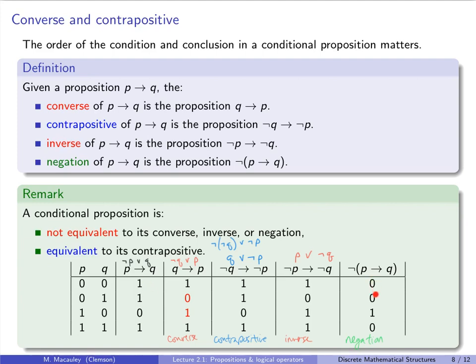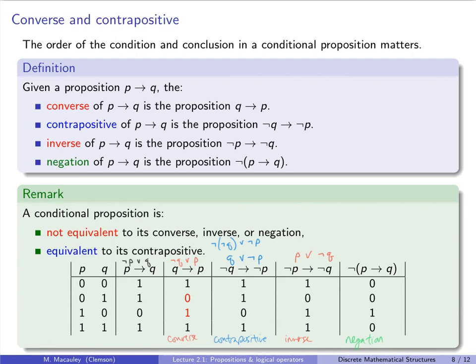So we get 0, 0, 1, 0. So this is different from all of the others. So now you can see my color coding scheme. Up here, converse and inverse, I both used red because I knew that they were going to end up being equivalent. Contrapositive is different from both of these, and then the negation is different from all three of those.